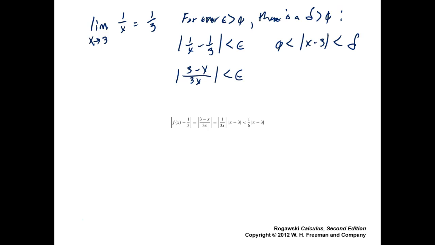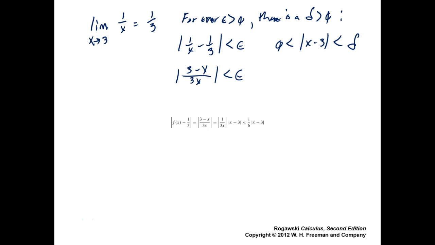You know you're not too far off, especially since in absolute values, 3 minus x and x minus 3 are really the same thing, right? It doesn't matter which order you do it. It's that 3x in the denominator that is sort of the pain in the neck.